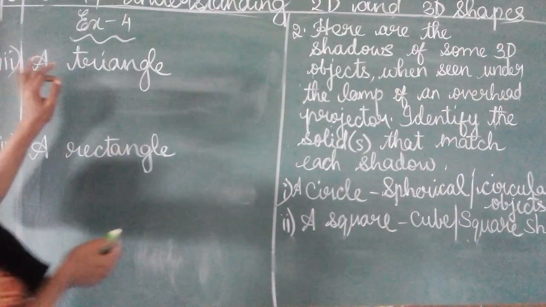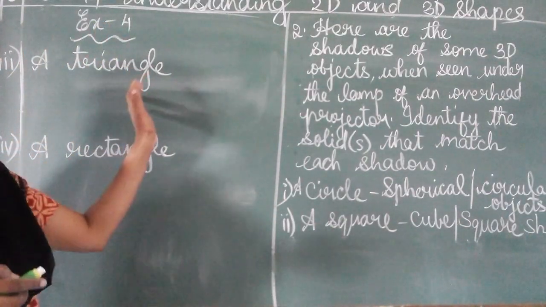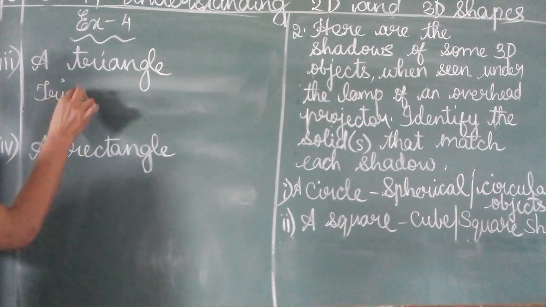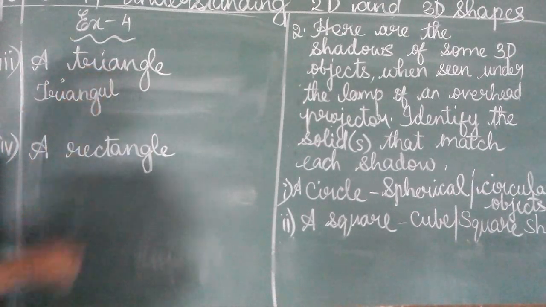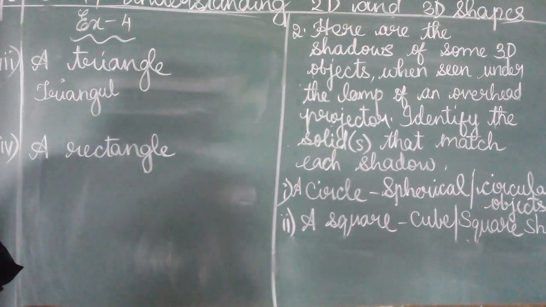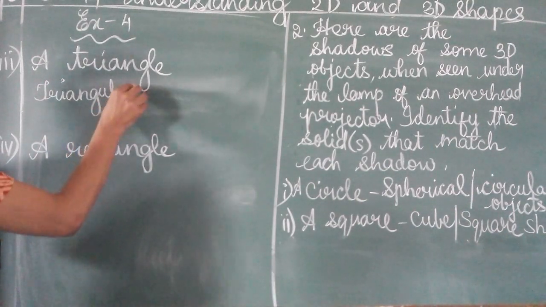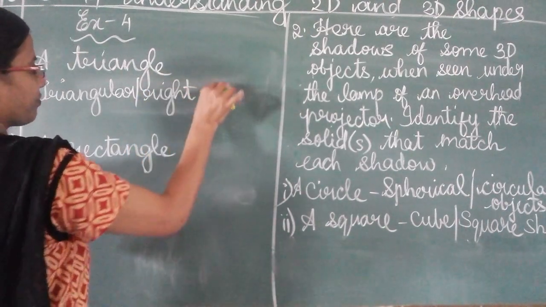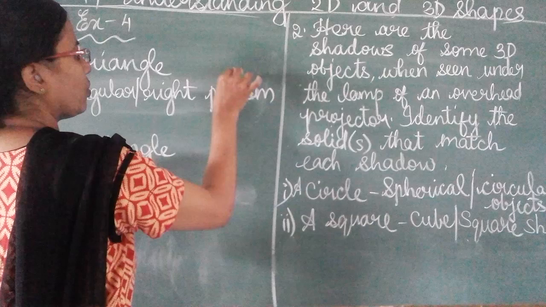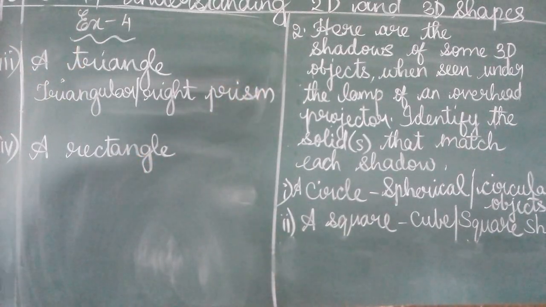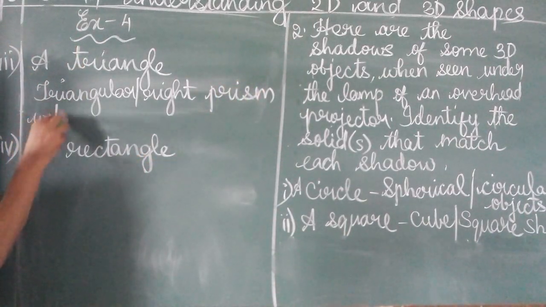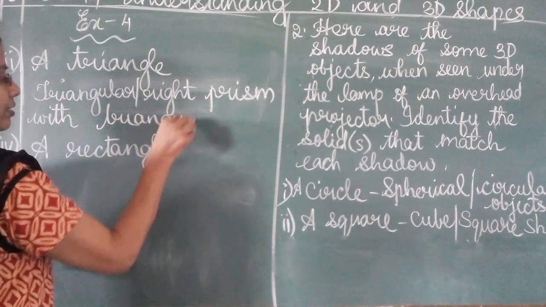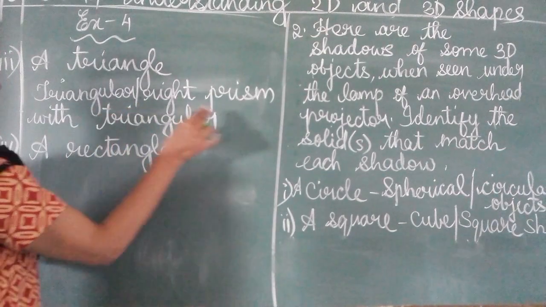So here they have given a triangle. When are you going to get a triangle? When you have a triangular object or when you have a right prism with a triangular base.